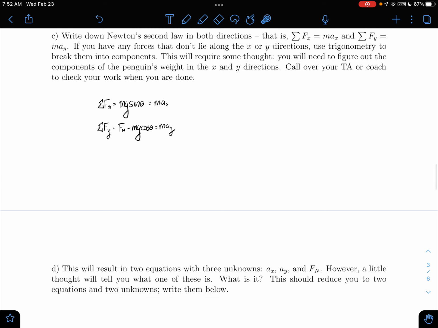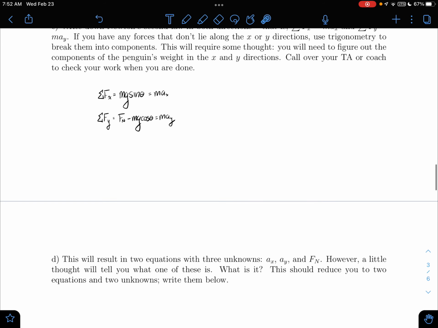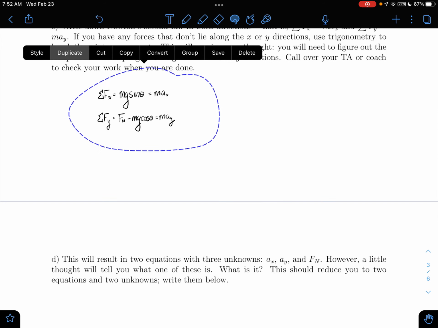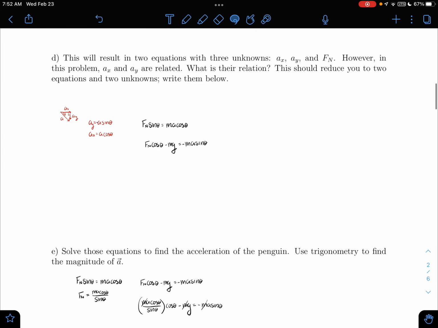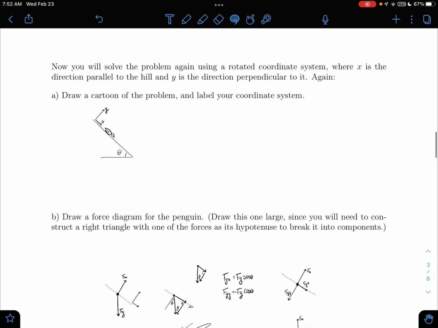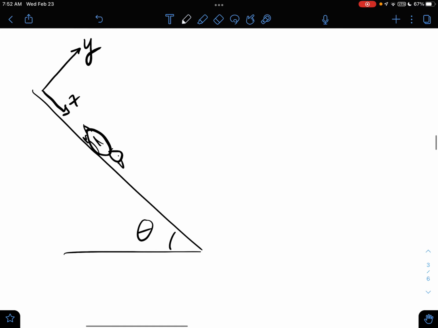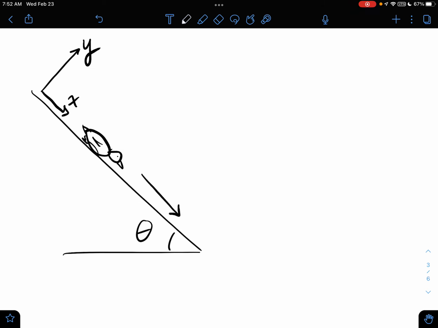But, little secret, not a secret, this is just what we're doing, right? If I pull these on down here, what do we know about our penguin's motion? Our penguin isn't accelerating this way, right? It's not jumping up off of the slope. It's just accelerating down the slope.